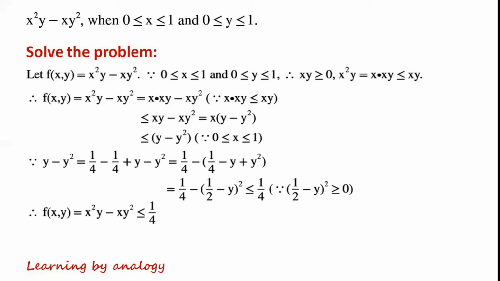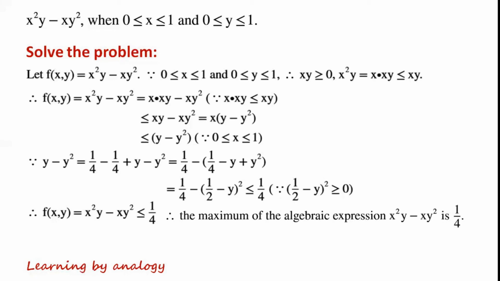So f(x, y) equals x squared y minus xy squared, which is less than or equal to a quarter. So the maximum of the algebraic expression x squared y minus xy squared is a quarter.